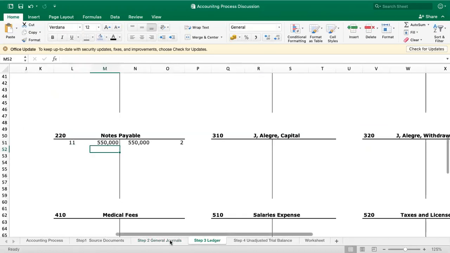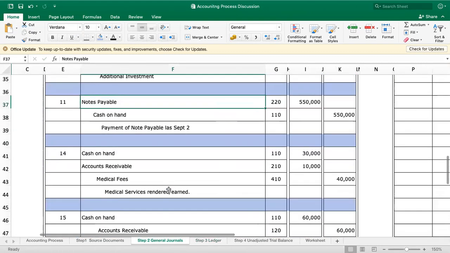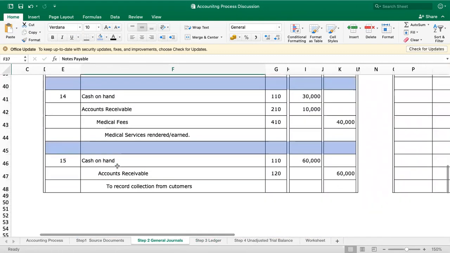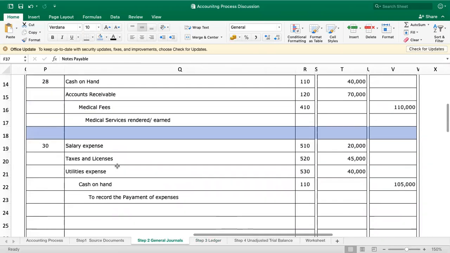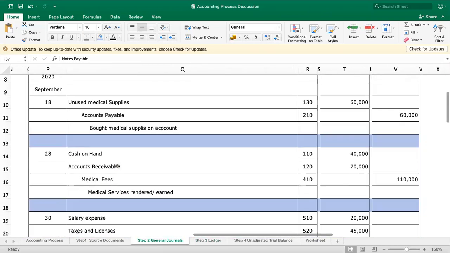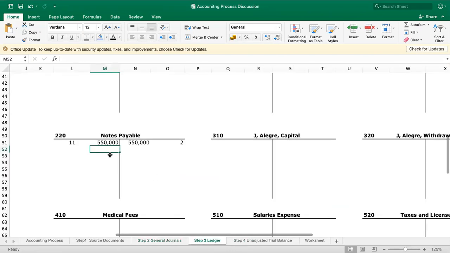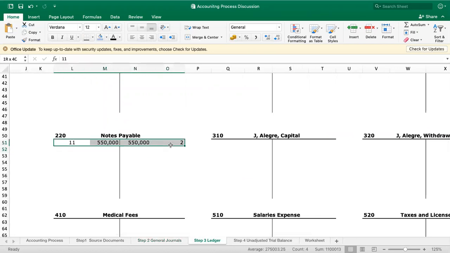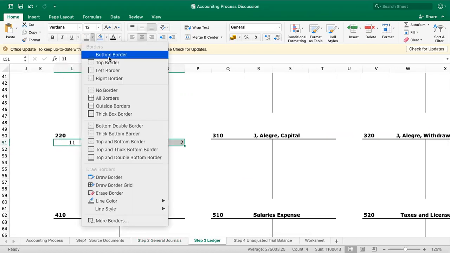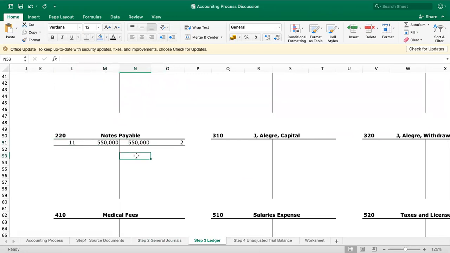Okay, so let's find another transaction if meron pa. 14, wala. 15, wala. Page 2. Ayan, wala. Wala nang notes payable transaction. So, these are the only transactions that affect our notes payable account. You have total debits, that's 550.